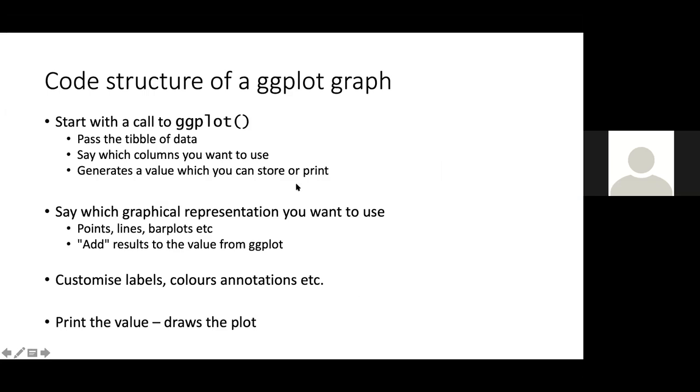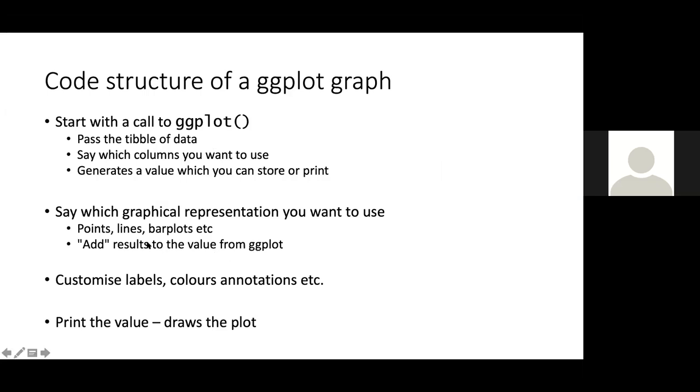So how the code is structured in the graphs actually depends on the nature of the data, whether the data is in table form, and you have the columns format, and then it will generate the kind of graph that you may want.